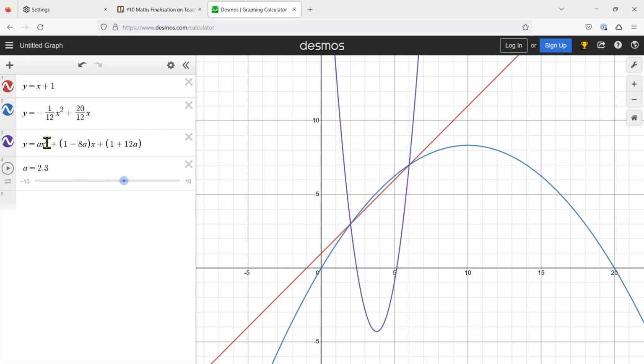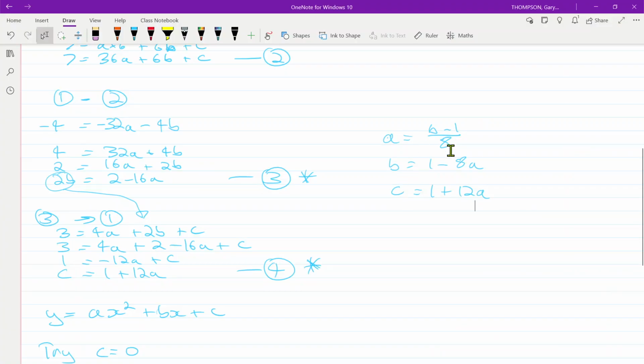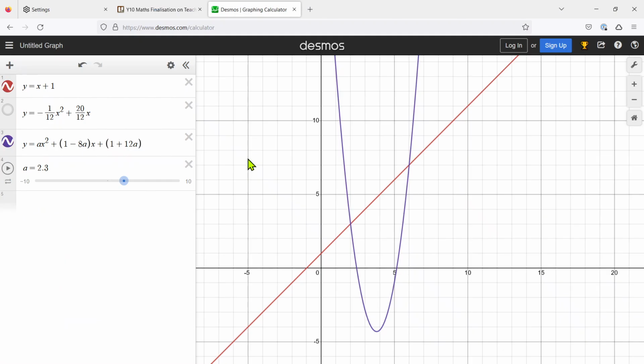So I've simplified the equation to have only one unknown pronumeral, and that's A. I've got ax squared plus 1 minus 8ax plus 1 plus 12a. So my B term is here and my C term is here. And that came from working out which variable I want to isolate.